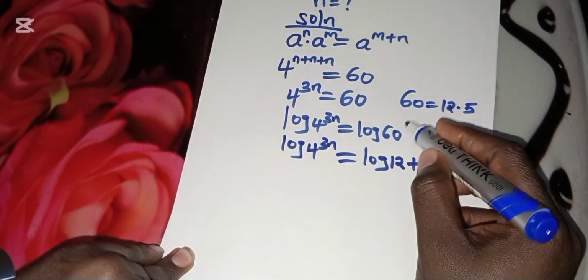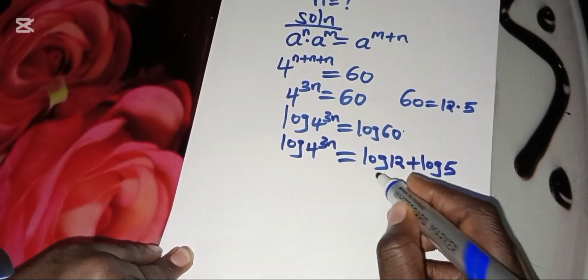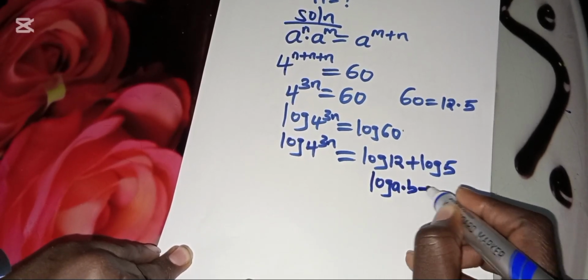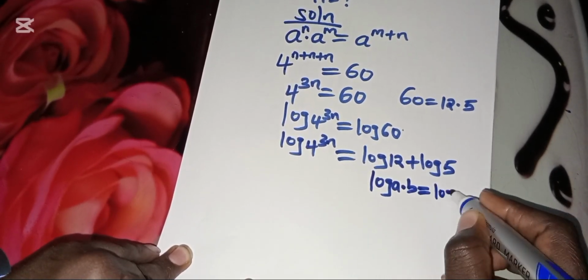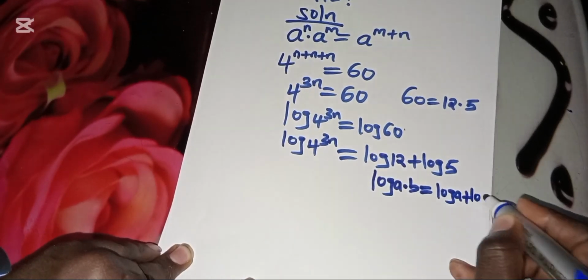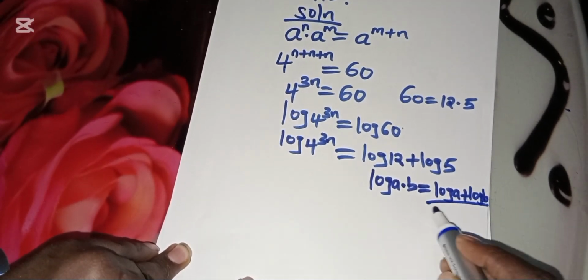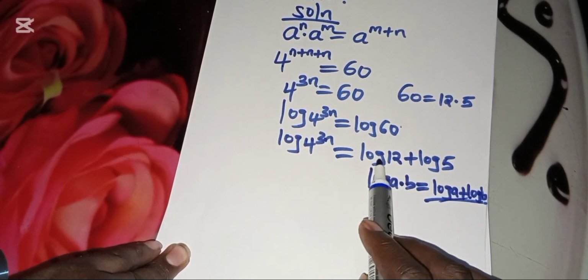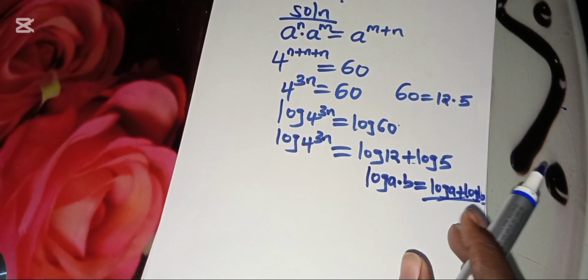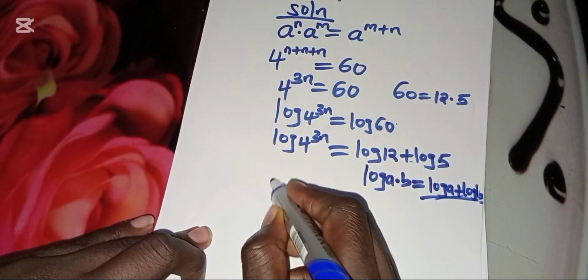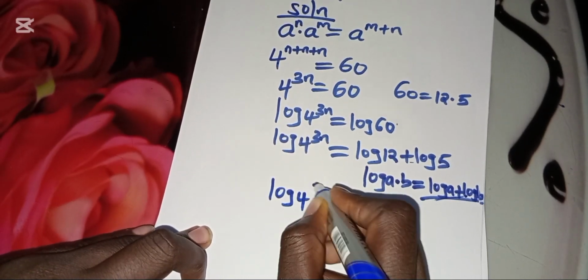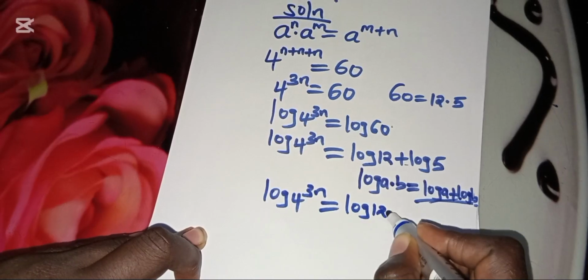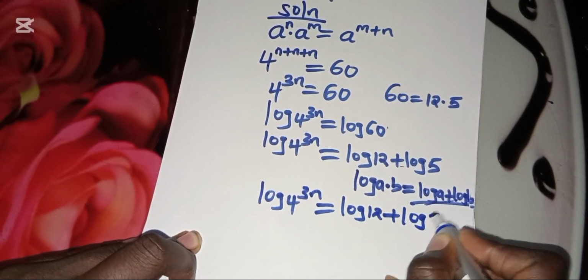Given the property that if you have log a multiplying by b, this can be expressed as log a plus log b, we're applying this property so that you'll have log 12 plus log 5. Now we have log 4 raised to power 3n equal to log 12 plus log 5.